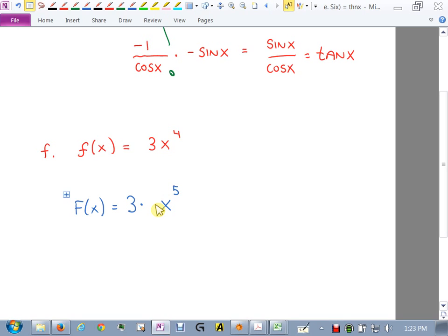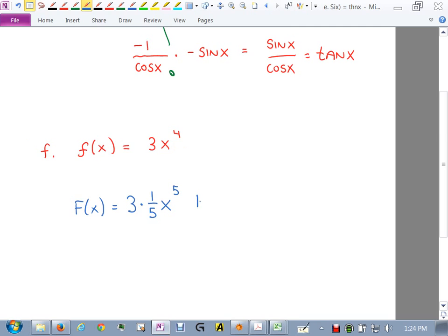Close. 1 over 5. 1/5. Do you agree? If I do the 3 and then the 1/5, then the x to the 5th, the 3 will just come with us. The 1/5 will kill the 5 off when it comes down, and then the power will reduce by 1 and I get to 4.